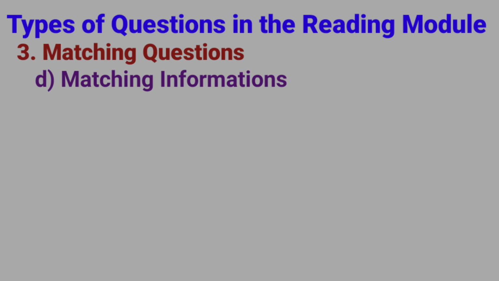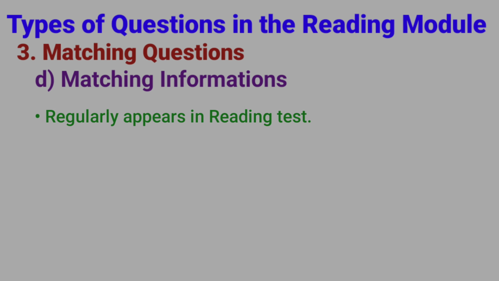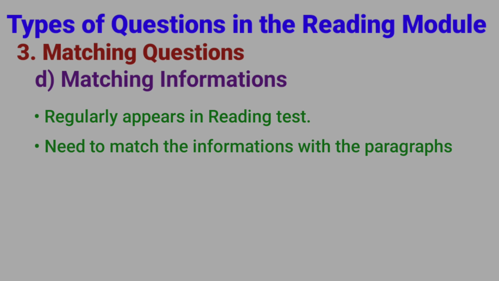Next is matching information. Matching information questions are another type of question that regularly appears in the IELTS reading test. In this, the information given is matched with the paragraph, which means the candidate has to find out in which paragraph that particular information is given.